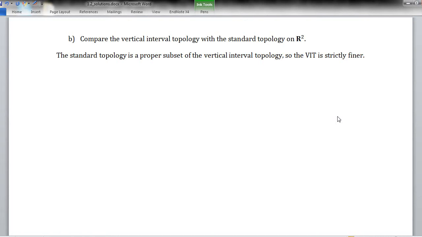So how do we do this? Well, we need to show that every open set in the standard topology is contained in the vertical interval topology.